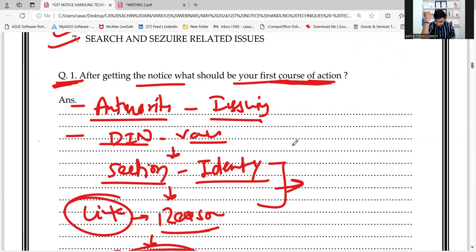Okay, now if there is any specific situation where the jurisdictional authority is different, in that case we just need to connect with our jurisdictional authority first. Suppose your jurisdiction is under the center and you have been issued the notice by the state tax department, so there is a requirement that whenever another jurisdictional authority issues you a notice, they will first take the permission from your jurisdictional authority, and the reference of the same will be mentioned at the bottom of that particular notice.